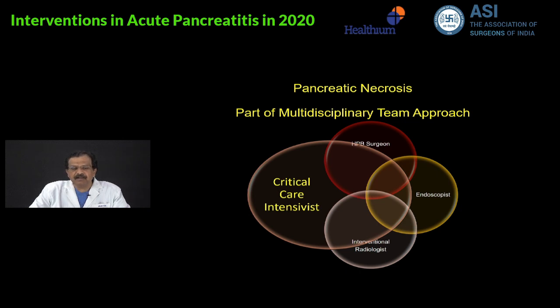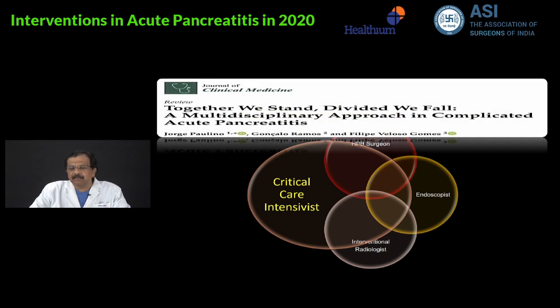So the critical care intensivist becomes very, very important. So it's a multidisciplinary approach between the HPB surgeon, endoscopist, interventional radiologist and a critical care intensivist, and a beautiful article which says, together we stand, divided we fall. It has to be a multidisciplinary approach to manage this patient with walled-off pancreatic necrosis.